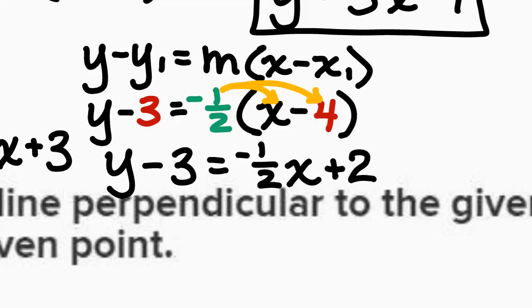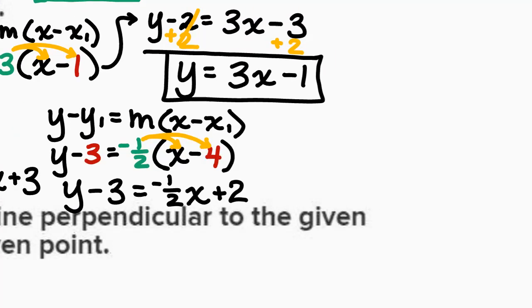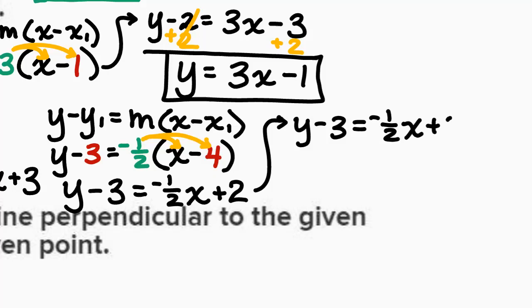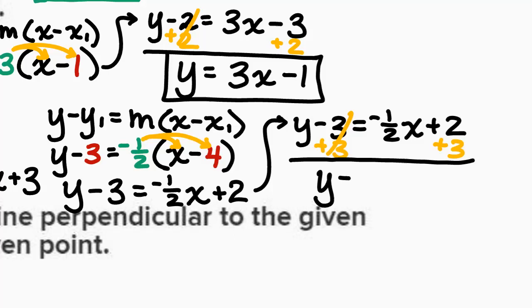So y minus 3 equals -1/2 x plus 2. Let me bring that over here so it's a little easier to see. What do I still need to do to this then to get the y totally alone? We're going to add 3 to both sides. And so slope-intercept form for my answer, y equals -1/2 x plus 5.